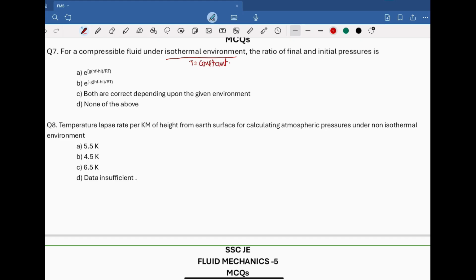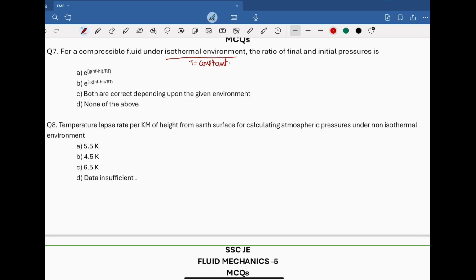Now you tell me, which one is correct? In a compressible fluid, we are moving up. I kept that process as isothermal.